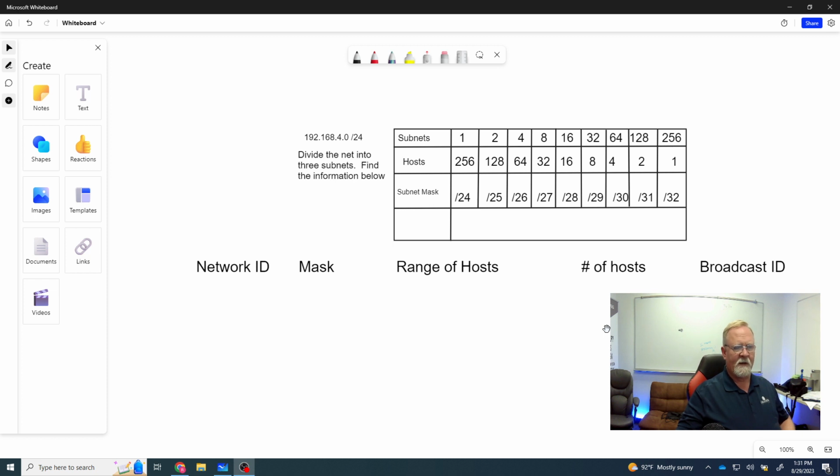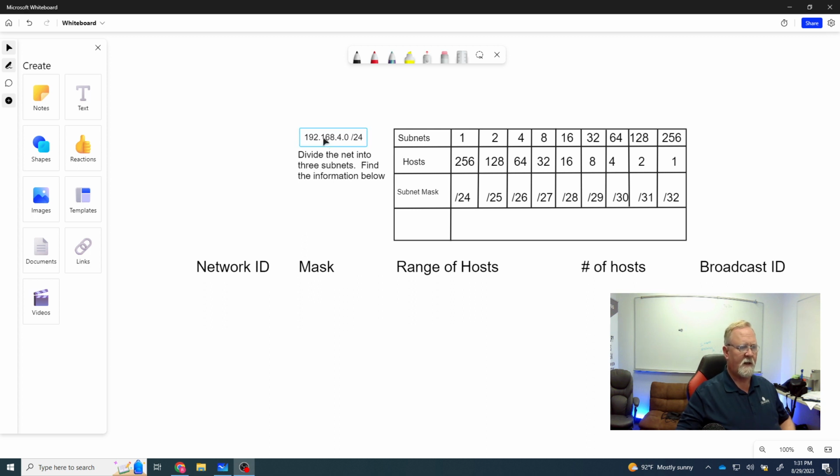To do that and to set it up in a router, we're going to need to know the network ID, the broadcast ID, the subnet mask, the number of hosts for each network, and the range that those hosts are going to fall into. So that's the information that we need to find out. The information that we are given is the network ID and the subnet mask of the original network.